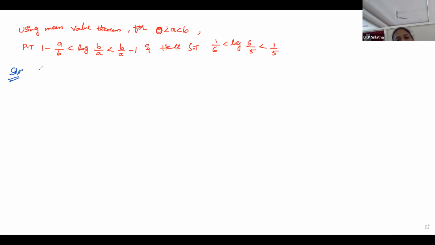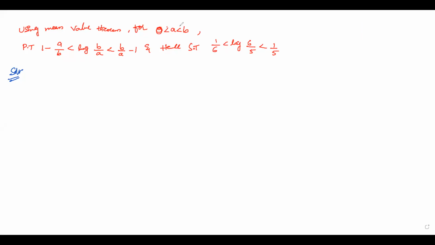So before that, tell me what is our function? Log x. Yes, our function is here log x. So what is the differentiation of log x? 1 by x.